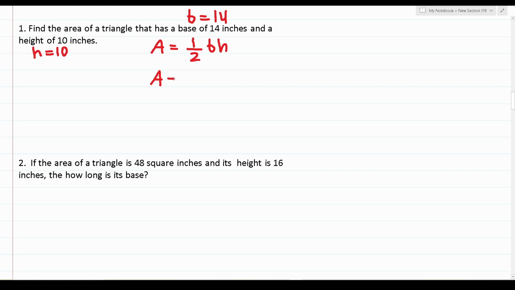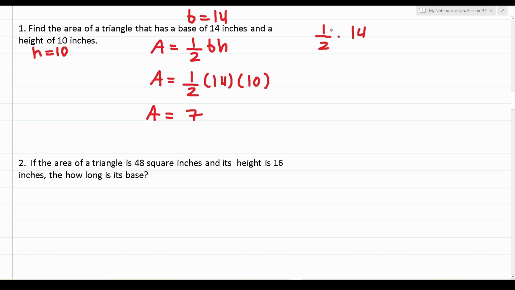This becomes area equals 1/2, base is going to be 14, height is going to be 10. So let's work on simplifying this. 1/2 of 14. 1/2 times 14 is 7. Now, in the event you can't work that out mentally, let me go ahead and work it off to the side. We have 1/2 times 14.